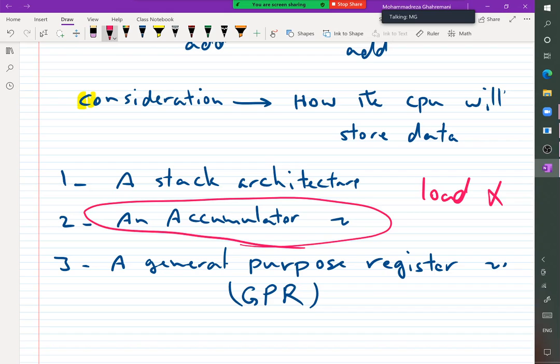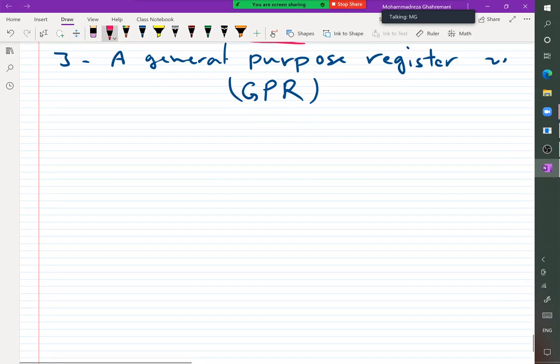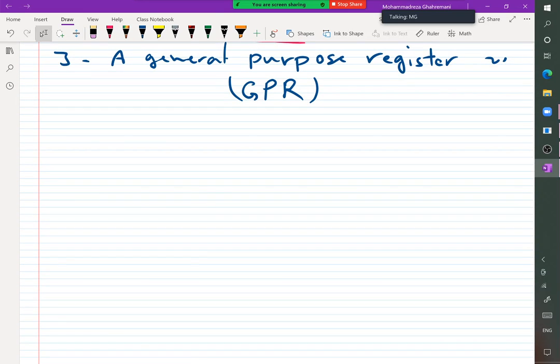So it's a trade-off between simplicity and speed. We should decide which one we want to use. So first let's talk about stack architecture.